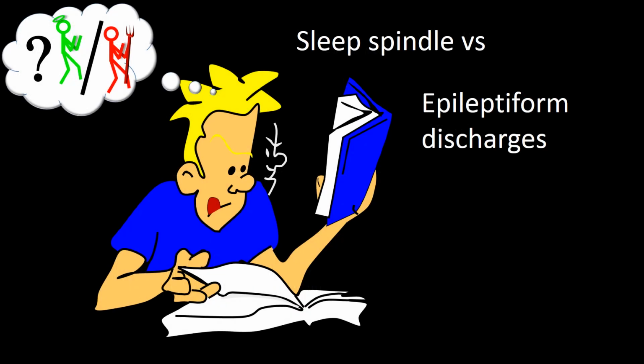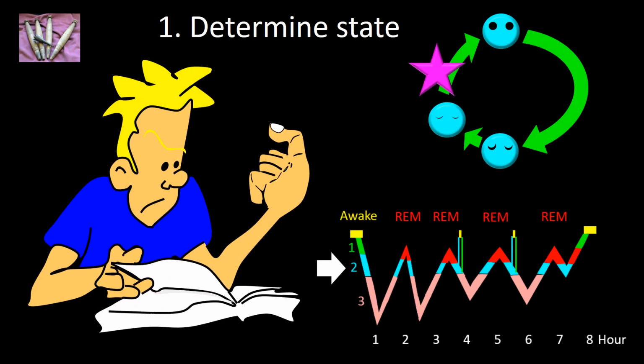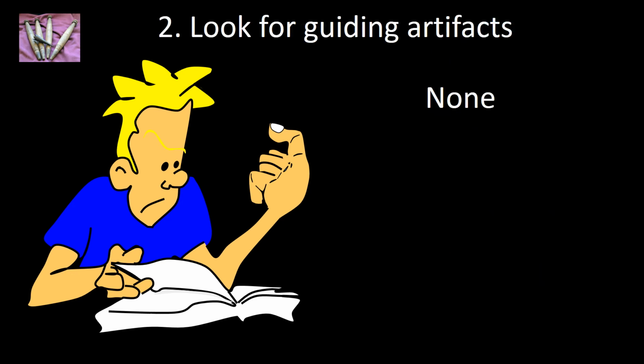Spindles may be confused with epileptiform discharges. They are the hallmark of stage 2 sleep, as we just previously mentioned, but they may also be found during stage 3 sleep. Rarely they have been described during REM. They are not linked to any sort of artifacts.